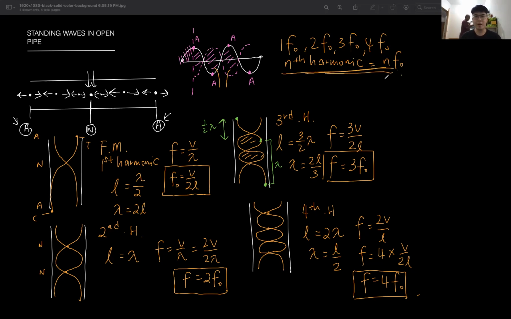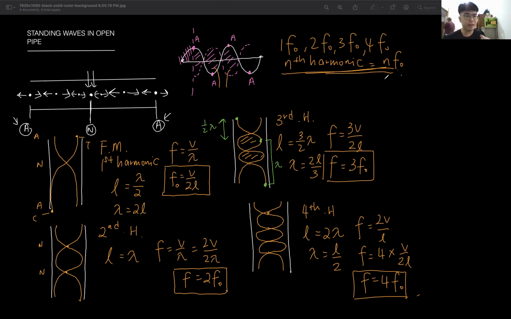Okay. Now, how is the sound different between the open pipe and the closed pipe? The closed pipe, you're only hearing the odd frequencies, but the open pipe, you're hearing all of the frequencies. So there will be a difference in the sweetness of the sound.